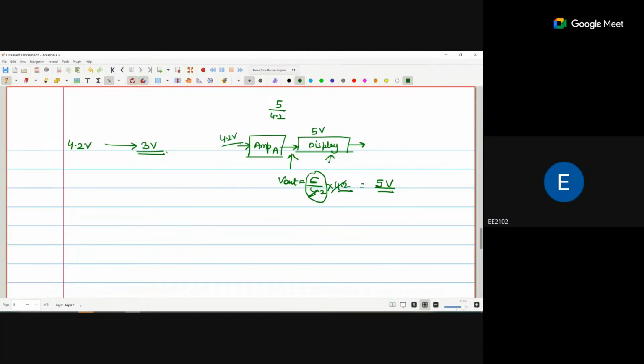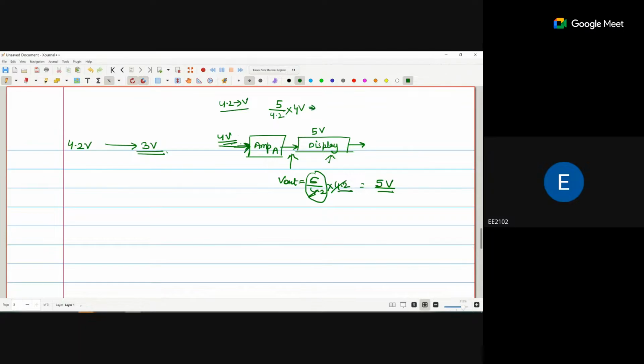Now for example, if my battery voltage is 4 volts, my gain will be 5 divided by 4.2, but now my battery voltage has reduced from 4.2 to 4 volts.